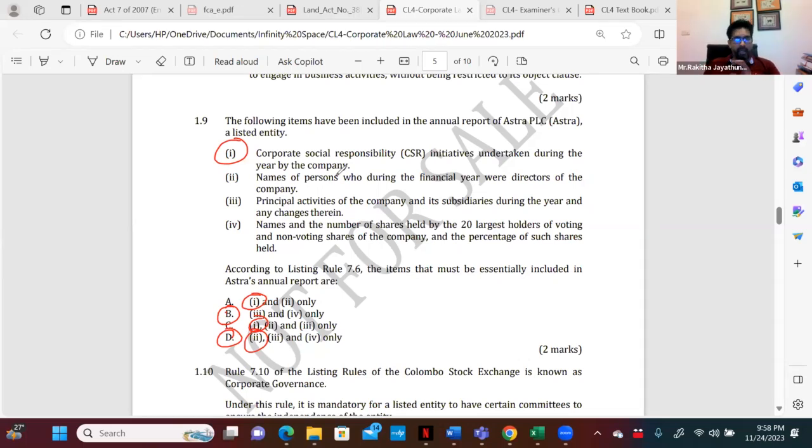So by using an approach like this, you can get the correct answer even if you are not sure about Roman 4. Because to get Roman 4 right, you have to memorize it. Otherwise, you will not be able to see whether this is correct or not. But using the approach that I explained here, there's a possibility of getting the correct answer.